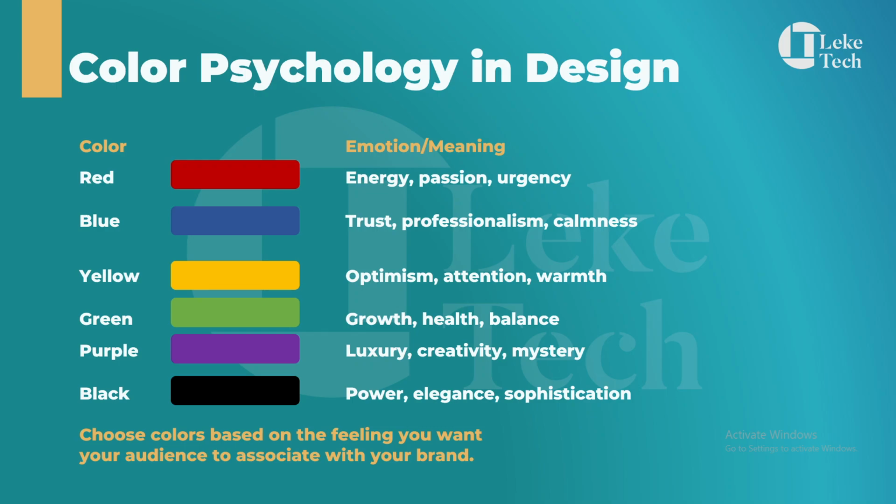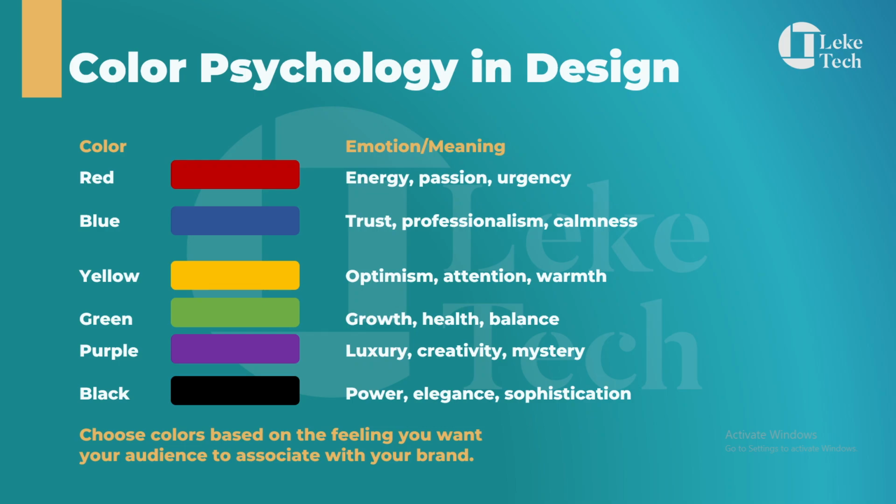You have blue. Blue signifies trust, professionalism, calmness. A lot of companies go for blue because of this. You have yellow as well, which signifies optimism, warmth, and draws attention. Yellow is a color that strikes a lot, so it draws attention.